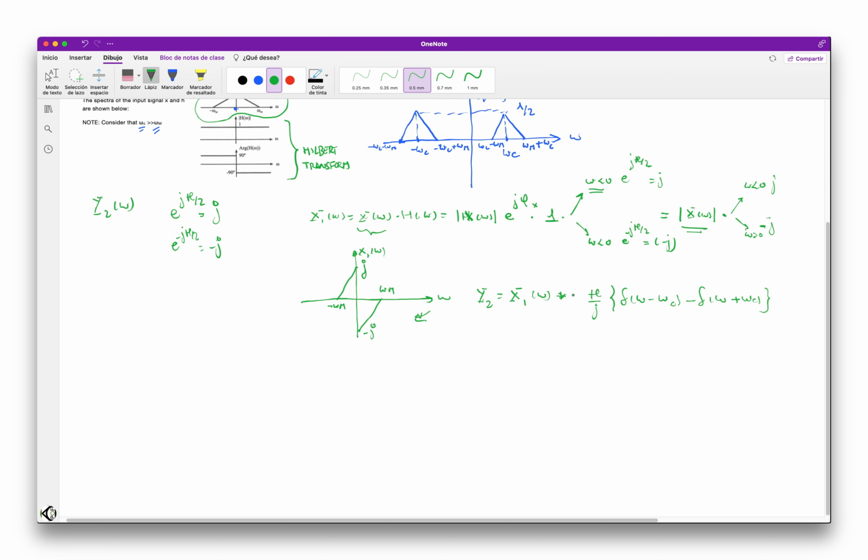And don't forget that the convolution in frequency, if it is coming from a product in time, gets a 1 divided by 2 pi.